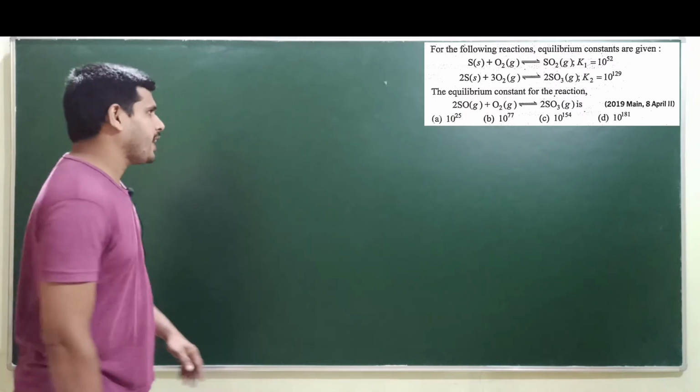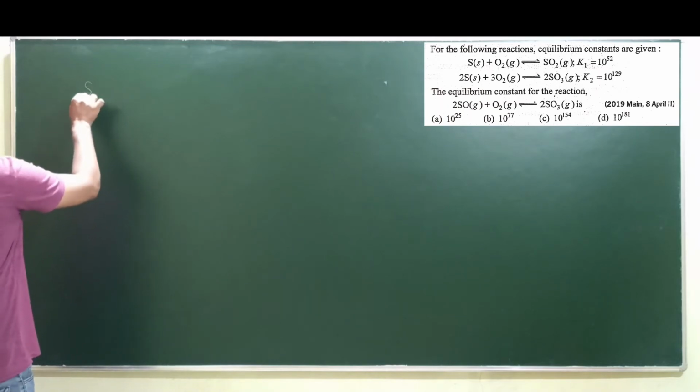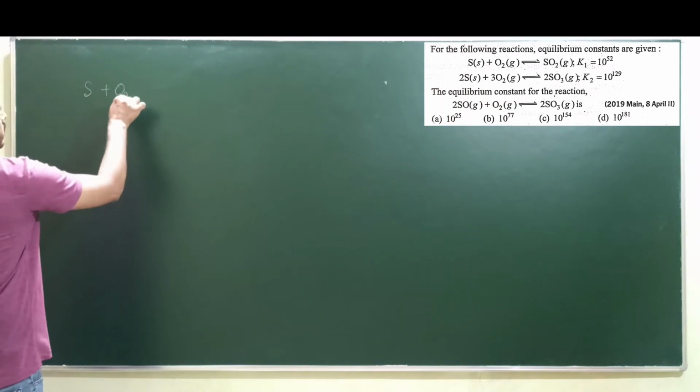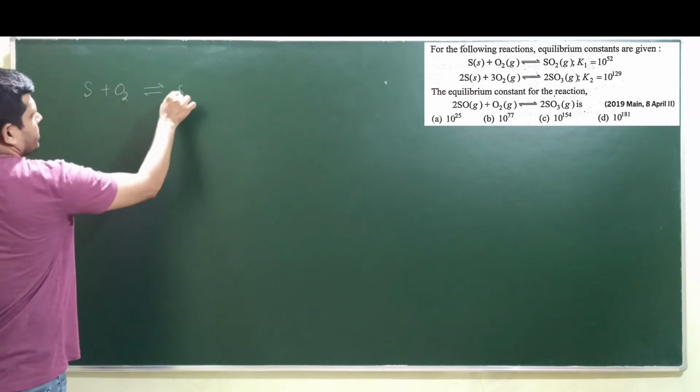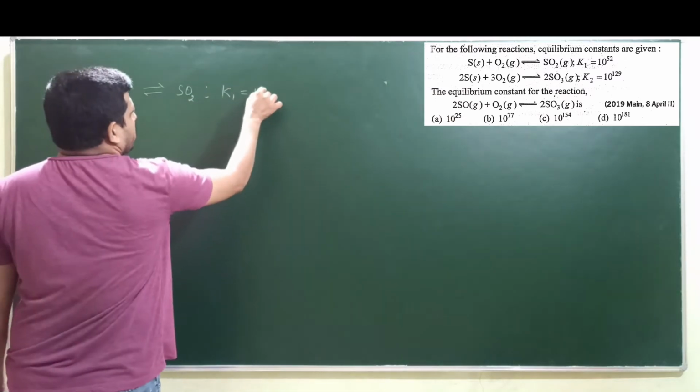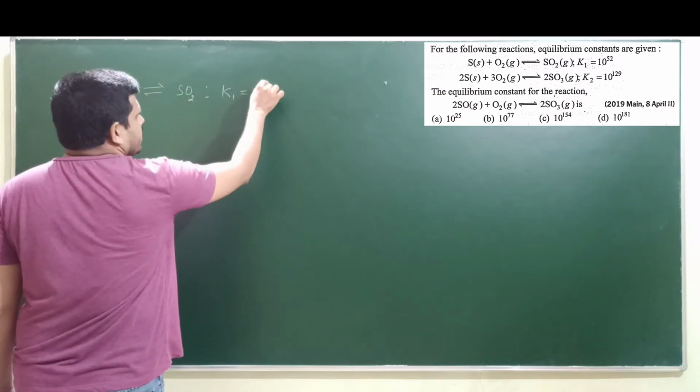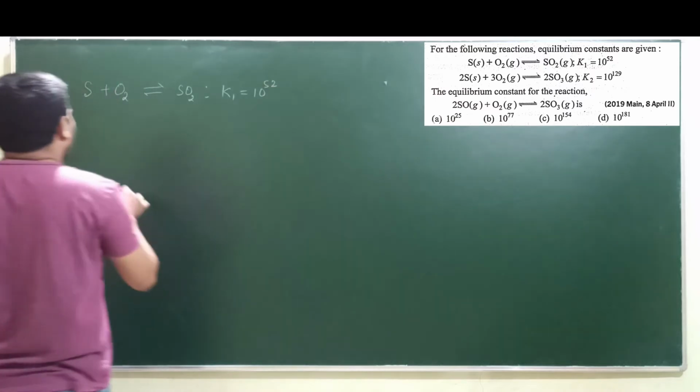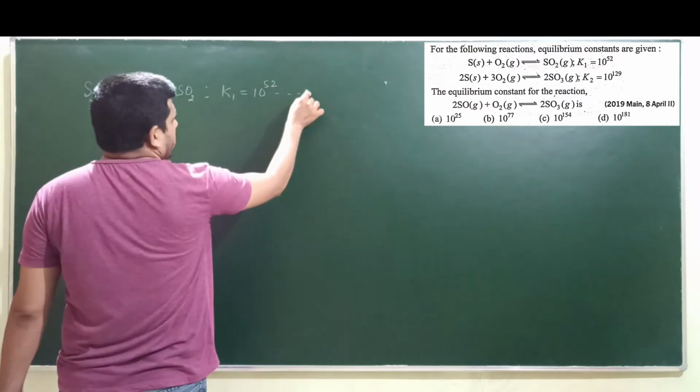Now what we do is we write the given two equations. Sulfur plus oxygen to give sulfur dioxide has K1 equal to 10 to the power of 52. I'll write this as equation 1.